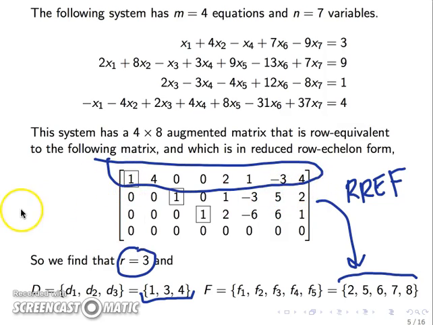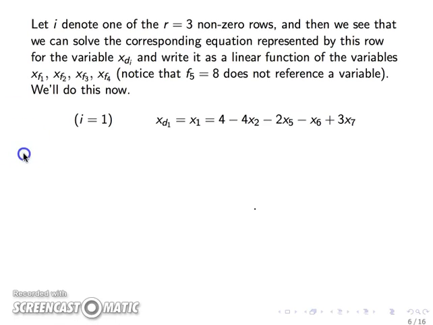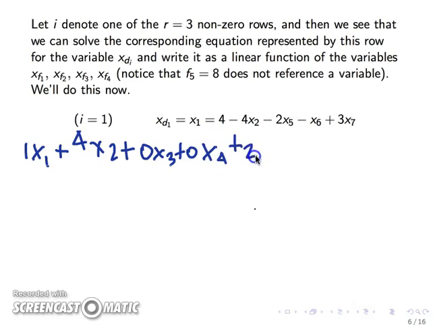So if we translate that first row of the RREF into the corresponding system of linear equations, that first row tells us that we have one x1 plus 4 x2 plus 0 x3 plus 0 x4 plus 2 x5 plus 1 x6 minus 3 x7, and this equals 4.